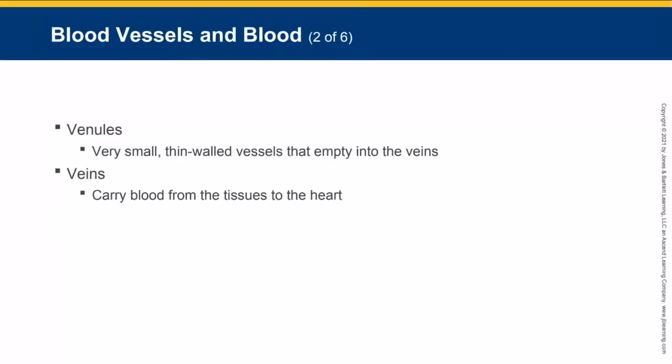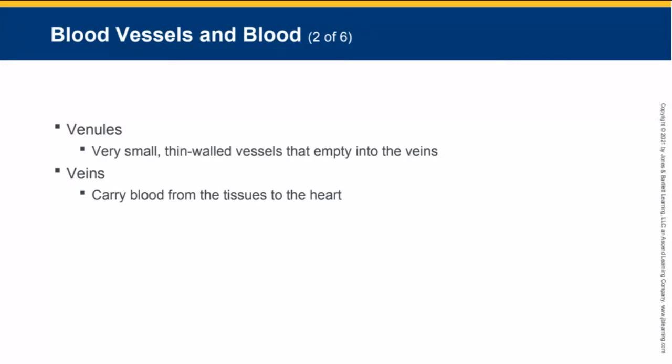Venules are very small, thin-walled vessels that empty into the veins. Venules, the smallest veins. The vena cava is the largest vein within the body.